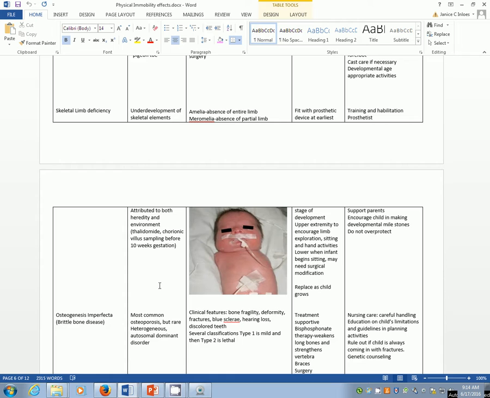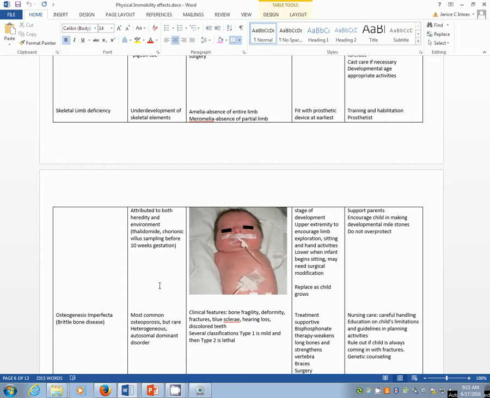When we fit them with a prosthesis device, the earliest stage of development is going to be the best time. Like this baby right here is old enough right now to be fitted for some prosthesis for the arms. We usually do those as soon as possible to encourage limb exploration so they will learn to use, even if it's just a little flipper mitten put on there to get them to adjust to having a limb and the body recognizing the extension of the body.